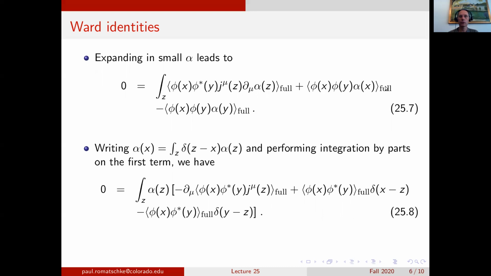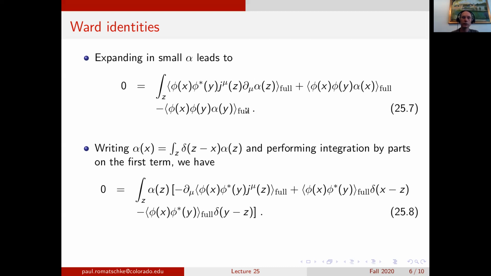We can rewrite these terms here to more closely resemble the integration that is in the first term. To do so, we write alpha of x as an integral over z of alpha of z times a delta function, so that the integration of the delta function just gives us back alpha of x. We do that for the first term as well as for the second term, where for the second term the delta function is delta of y minus z instead of x minus z. So we have an integral over all of the terms, with delta functions for the second terms.